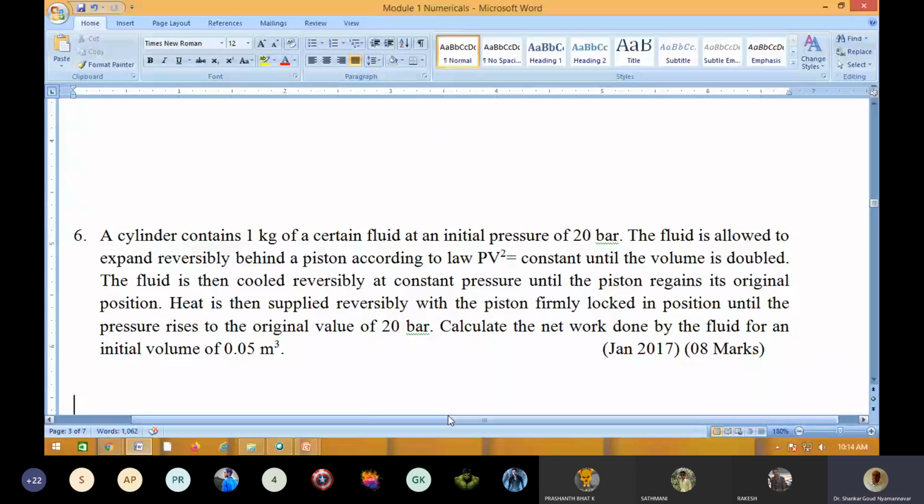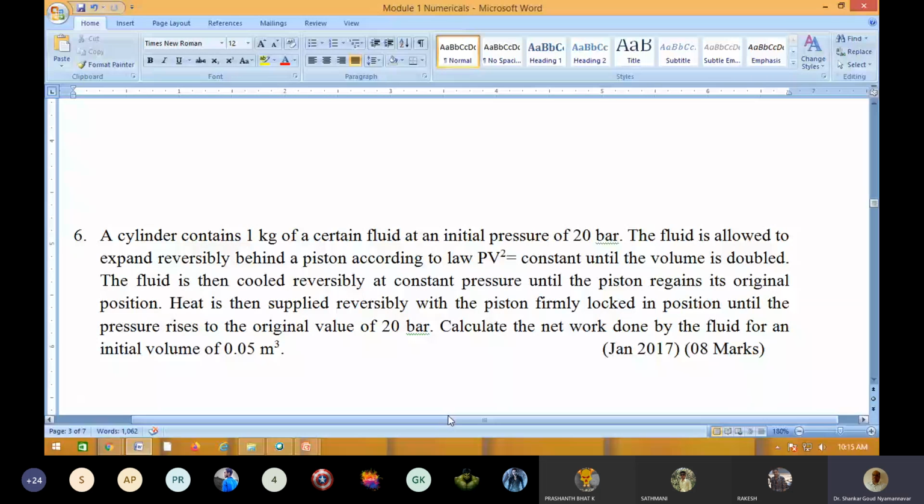A cylinder contains 1 kg of a certain fluid at the initial pressure of 20 bar. The fluid is allowed to expand reversibly behind the piston according to the law PV square equal to constant until the volume is doubled. The fluid is then cooled reversibly at constant pressure until the piston regains its original position.